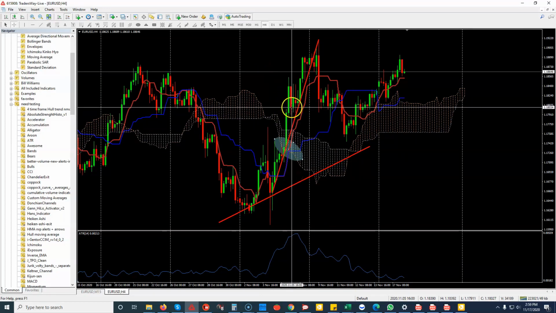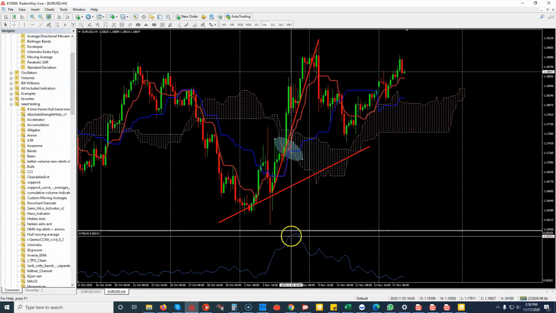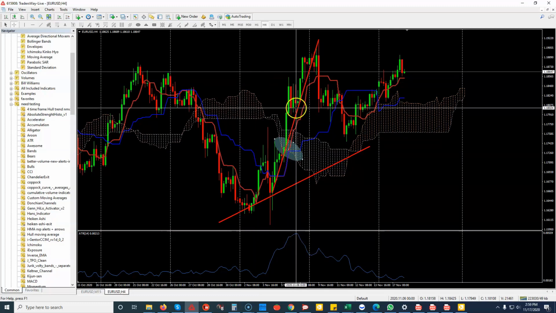If we had got in on this candle here, we would have been at an ATR of about 51. We like to do a stop loss of 1.5 ATR. So 51 times 1.5 would be roughly 75 or 76 pips, which actually would be just below the cloud.